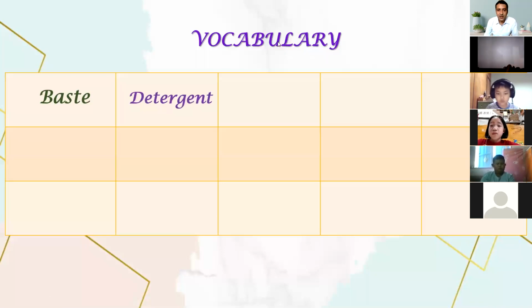The second word in our vocabulary is detergent. We have many different types of detergent. We have powder detergent used for washing clothes, used for laundry, and other kinds of liquid detergent used for washing dishes, which is used mostly for cleaning purposes.